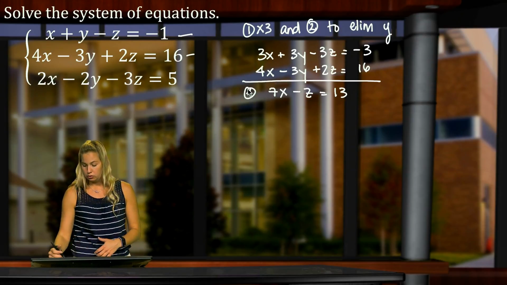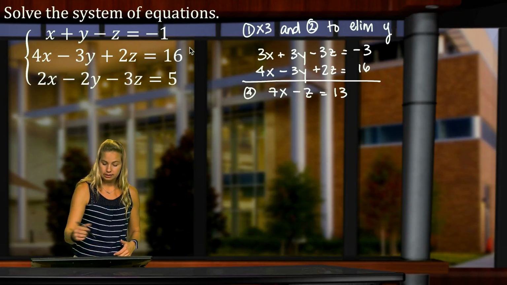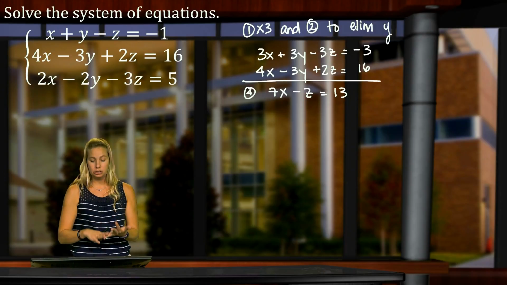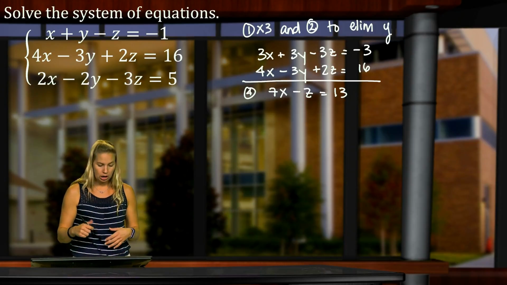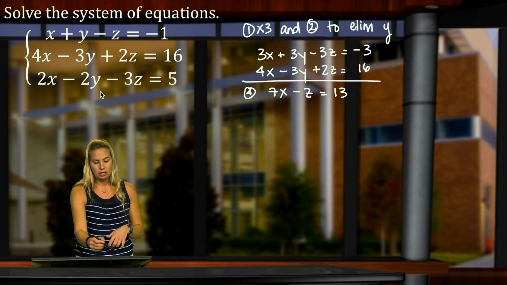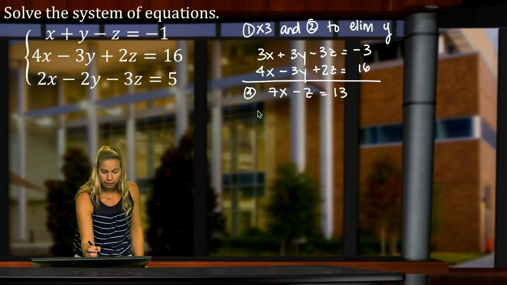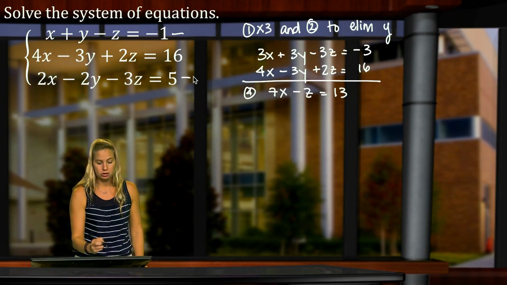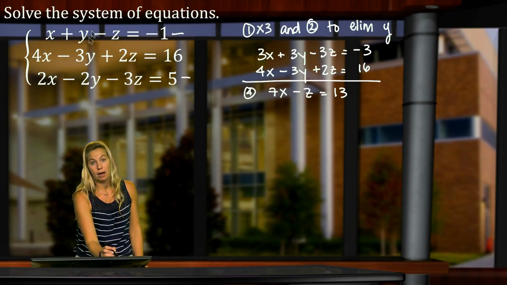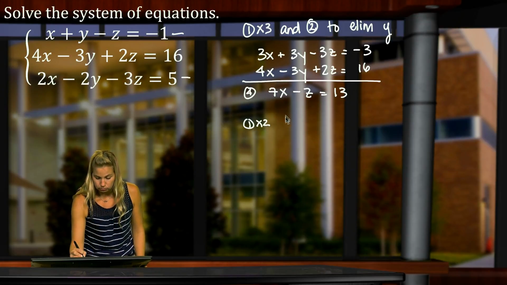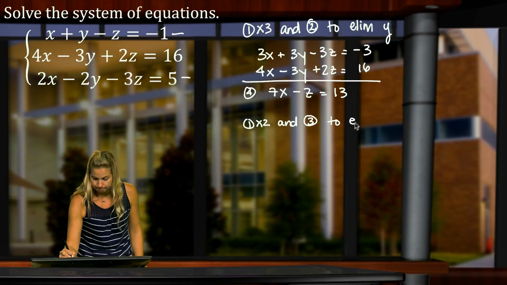Now we want to choose two different equations to eliminate y again. We already used 1 and 2, so we can either use 1 and 3 or 2 and 3. We're going to go ahead and use 1 and 3 again so that we don't have to multiply both equations. So if I'm using equation 1 and equation 3, I need this one to look like a positive 2y, so I'll multiply my first equation by 2 and combine it with equation 3 to eliminate y.